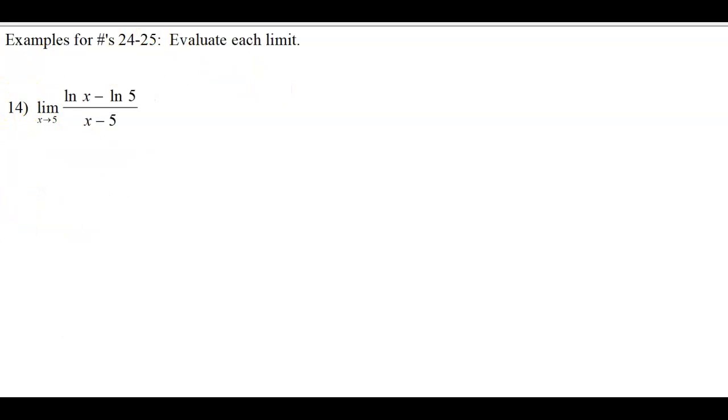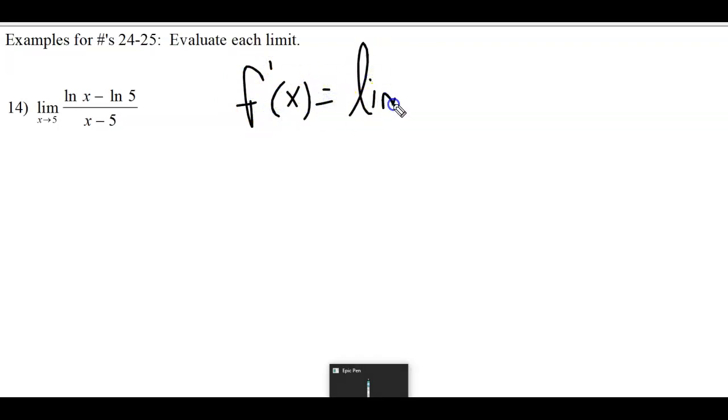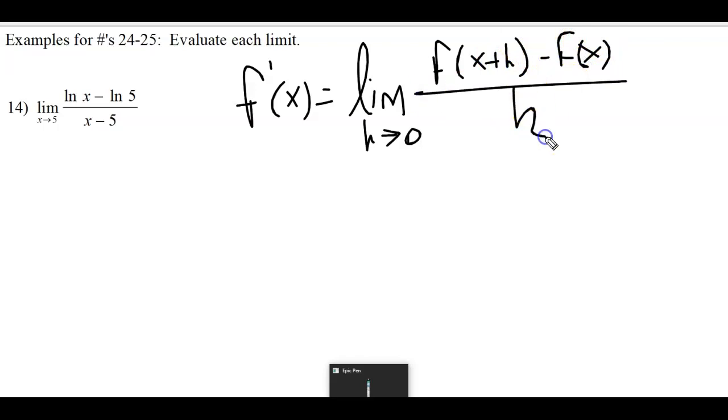So, on the last problem, we talked about this. We said that the derivative of a function is equal to the limit, as h approaches 0, of f of x plus h minus f of x over h, right? But there's another way to write this.